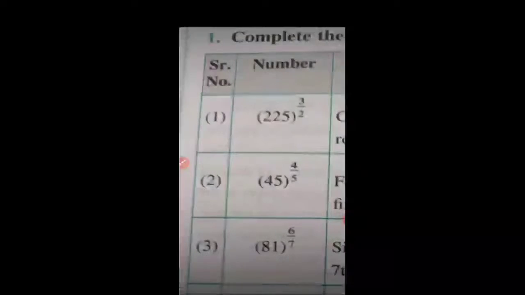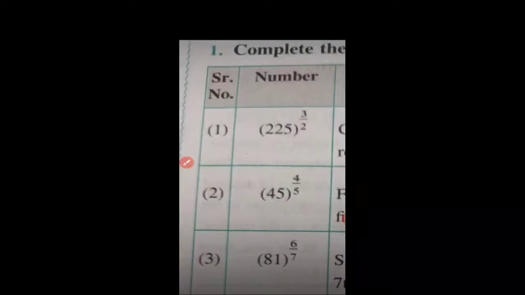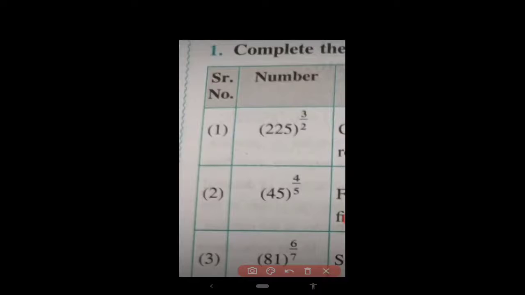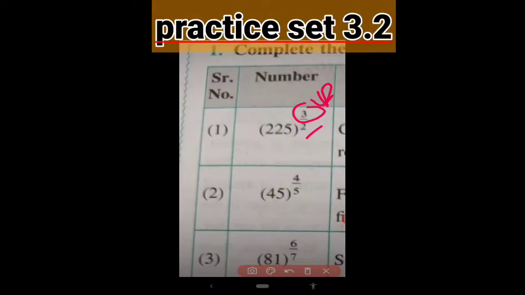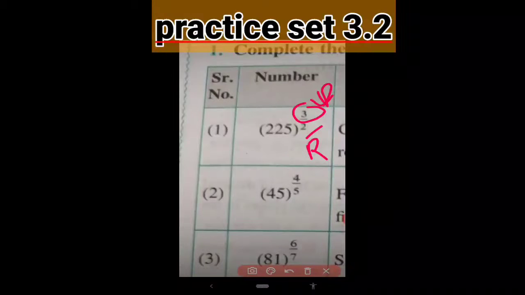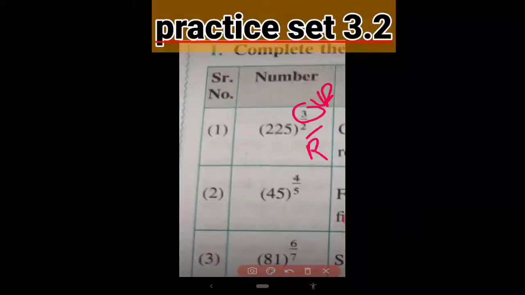Students, when we see this, 3 is the numerator and 2 is the denominator, which means 3 is the power and 2 is the root. So there are two ways to read this number: power of the root, or root of the power.